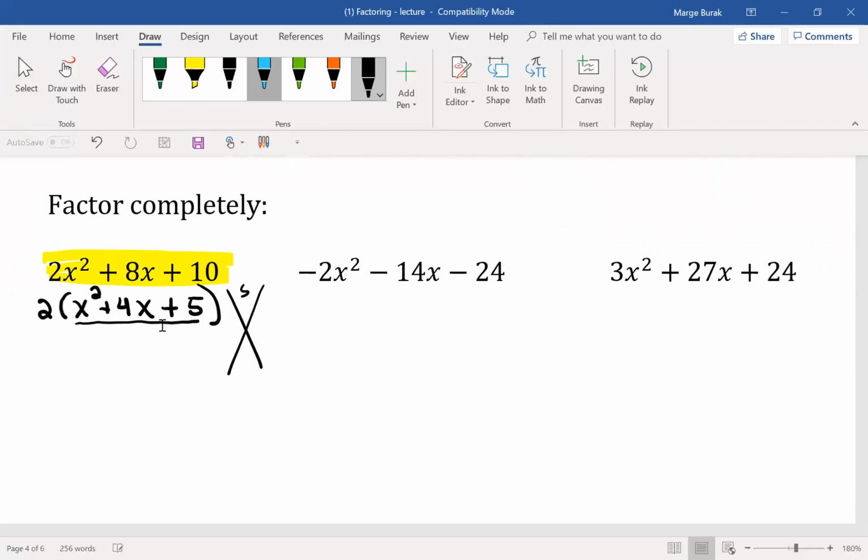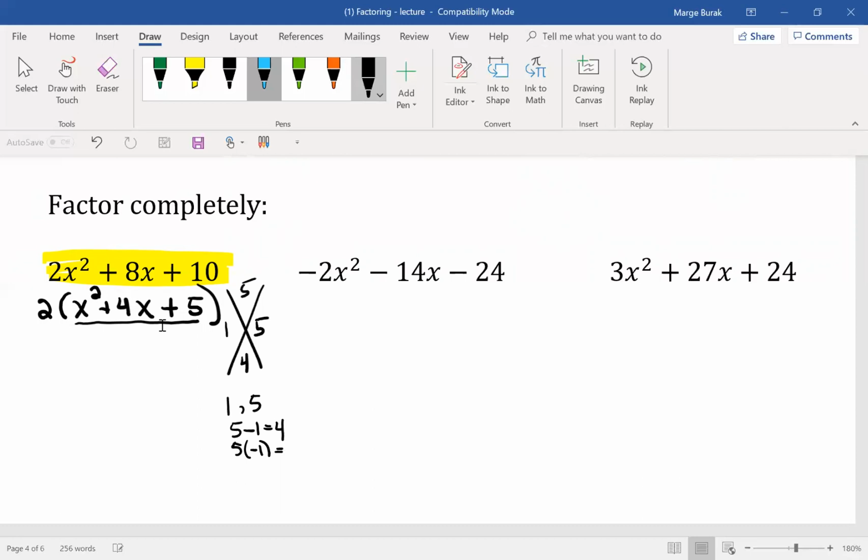Okay, so I've got them to multiply to 5 and add to 4. Well, I know it's got to be 1 times 5, but how am I going to get 1 and 5? The 1's got to be negative. It's got to be 5 minus 1 is 4, and that won't work because 5 times -1 is not. This will not work.